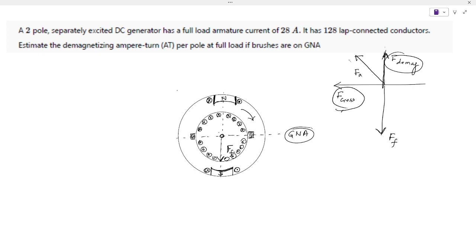Under such condition, flux will be developed this way or not? Just now I discussed. Yes, sir. So if the field flux is this way and my armature flux is this way, we do not have any demagnetizing flux. The armature flux is totally cross magnetizing. Can I call the armature flux totally cross magnetizing?